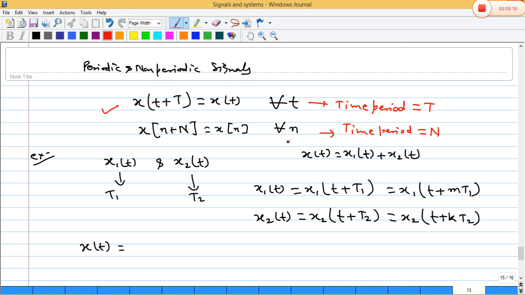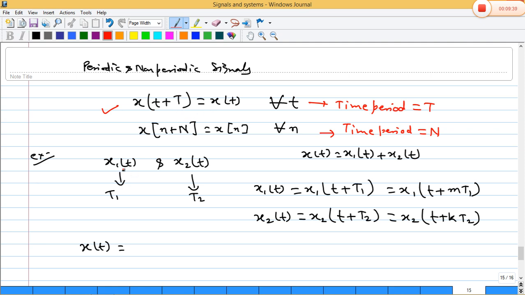Is that clear? So x of t plus capital T will be x of t, and x of n plus capital N will be x of n, the same as a function. So if I add the time period, then I will get the same result as x of t.